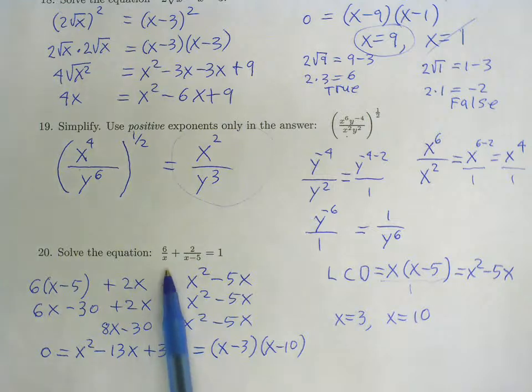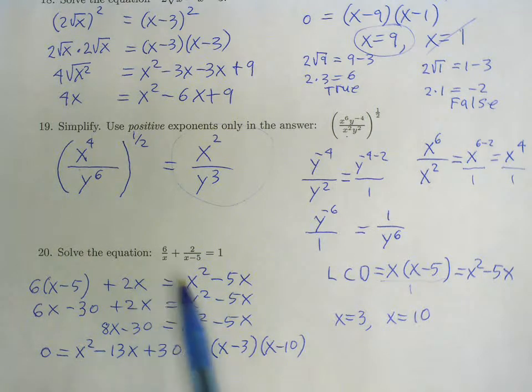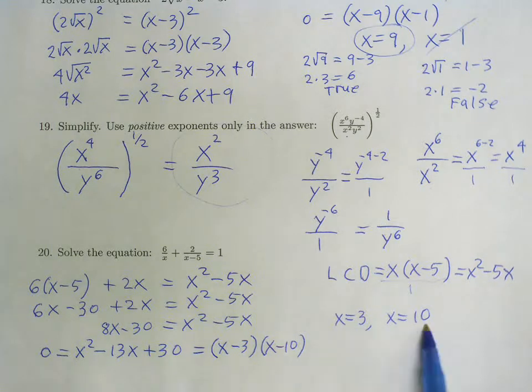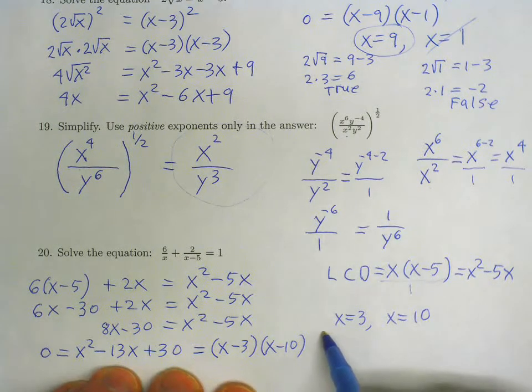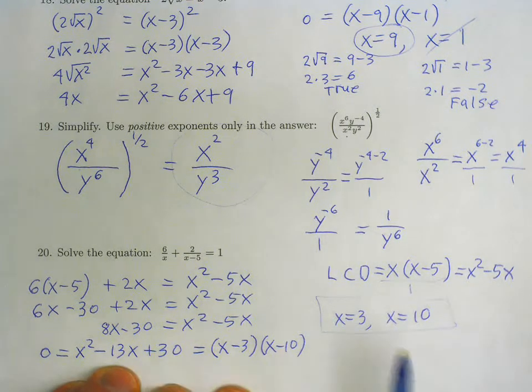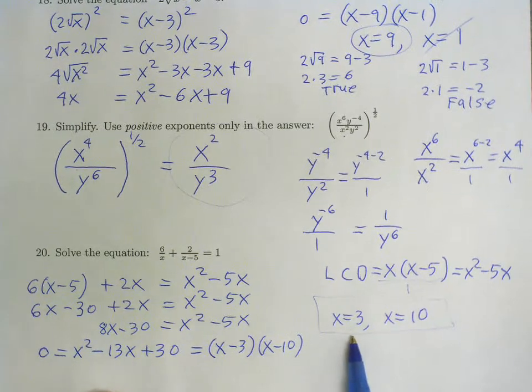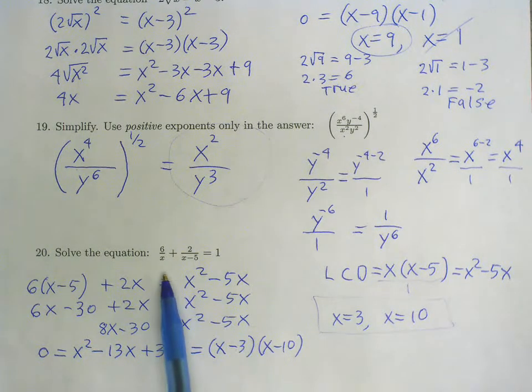The restricted values are x equals 0 and x equals 5, and neither of these numbers are restricted values. So it's a pretty good sign that these are both solutions. You can verify that each one is a solution by substitution.